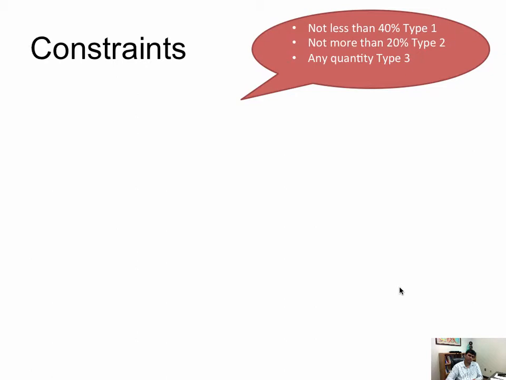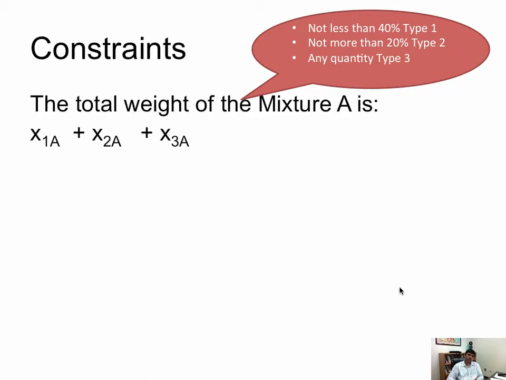For constraints, for example, we are told that in mixture A, there should be no less than 40% of type 1, no more than 20% of type 2, and any quantity of type 3. So the total weight of mixture A is given by the sum of the screws in that mixture. In this case, X1A plus X2A plus X3A will represent that total weight.